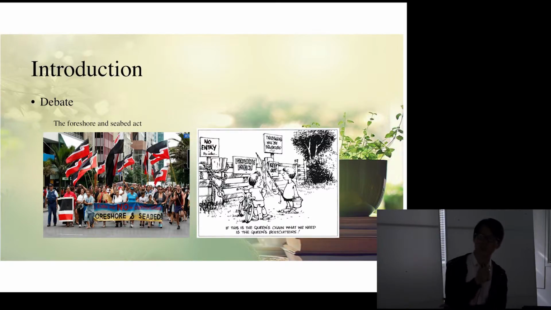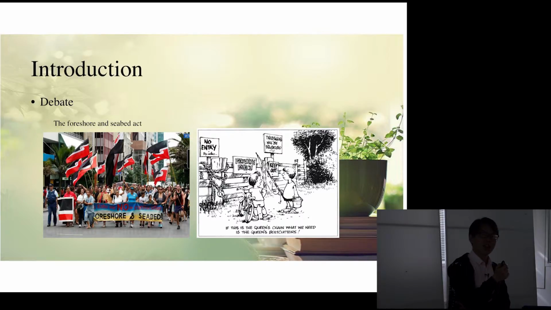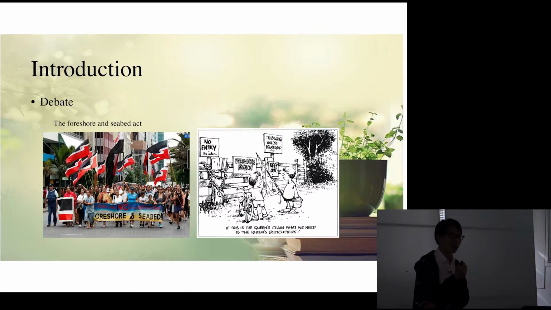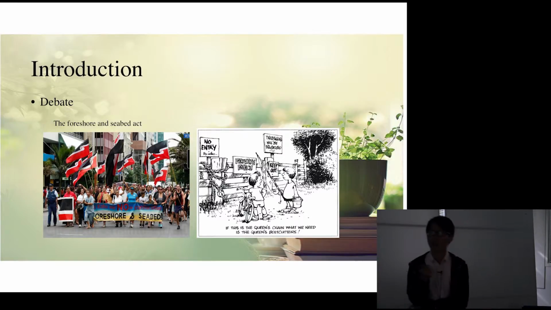But the public was shocked at that time, and Prime Minister Helen Clark said that the government would be passing a law to ensure that beaches stay in public hands.